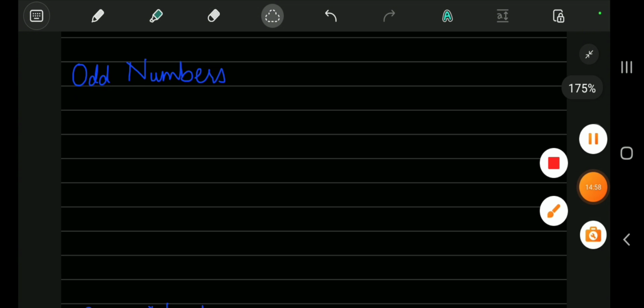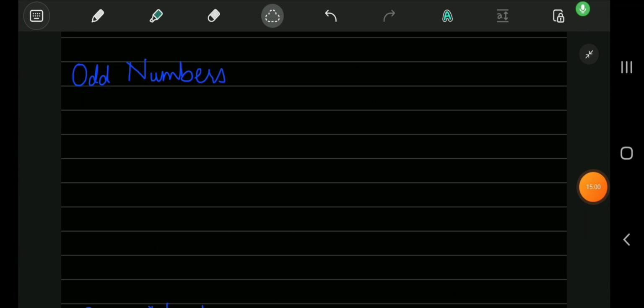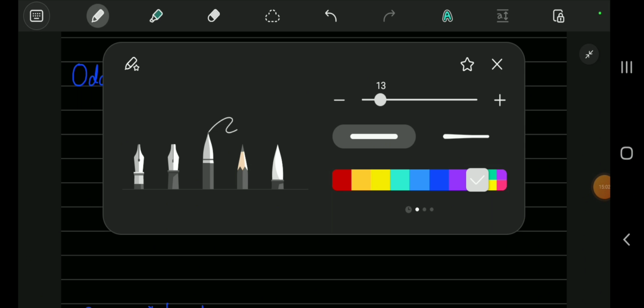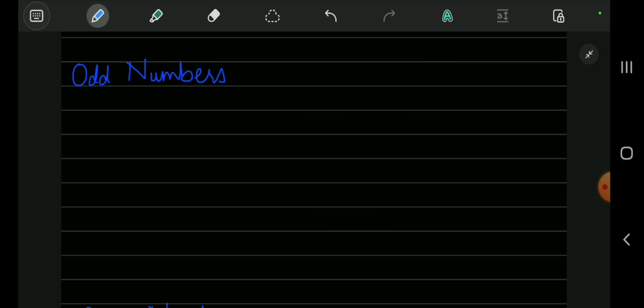Okay, odd numbers. So what are odd numbers? Odd numbers are just the complete opposite of even numbers.